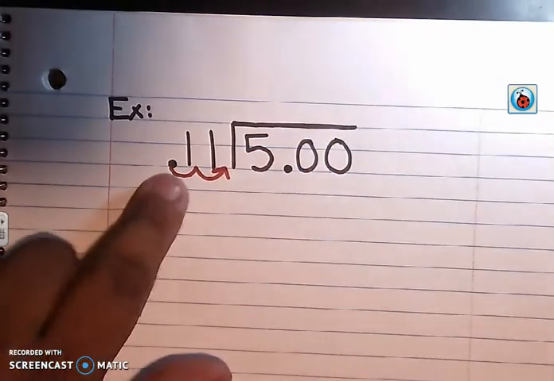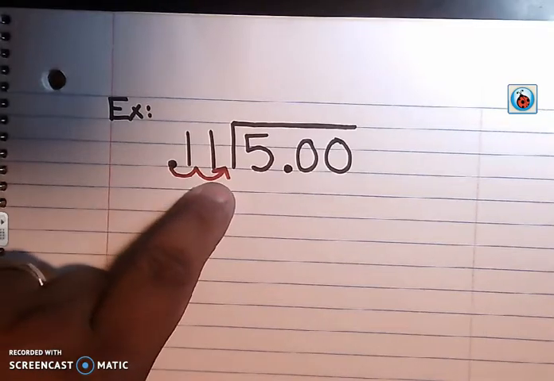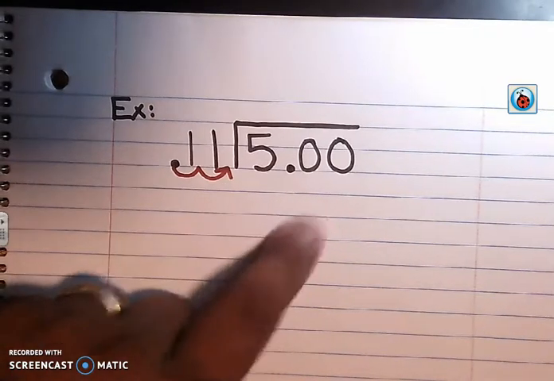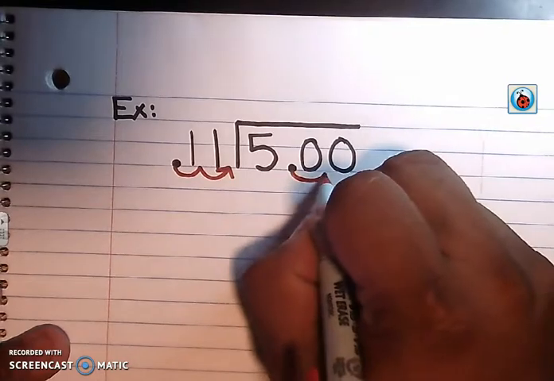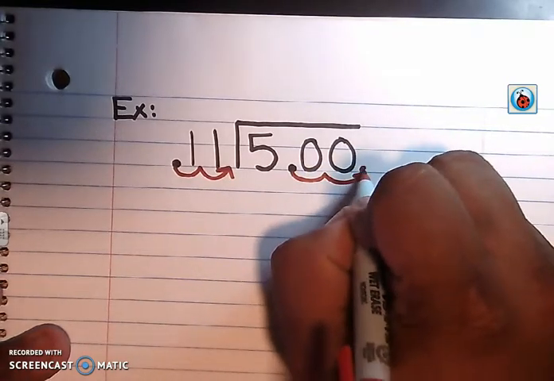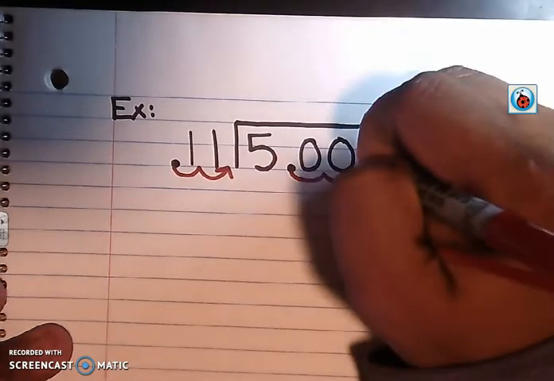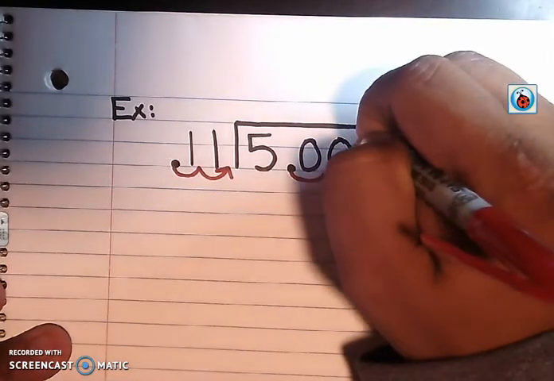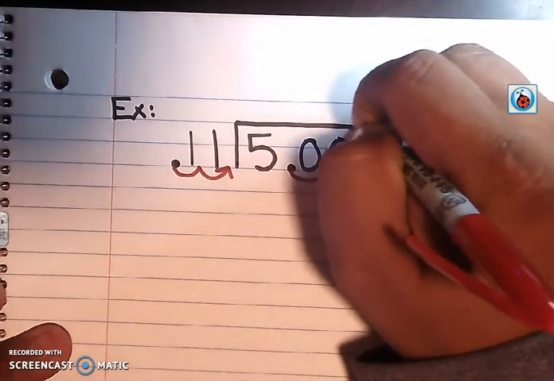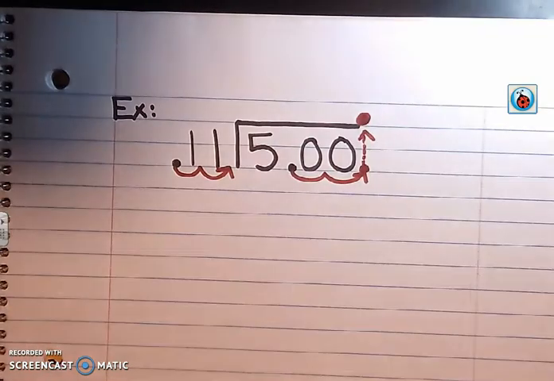So I had to move my decimal 2 spots to the right. I'm going to do the same thing under the house. 1, 2. My new decimal goes right here, and I'm going to bring it up to the top. That's where the new decimal is going to go and stay there.